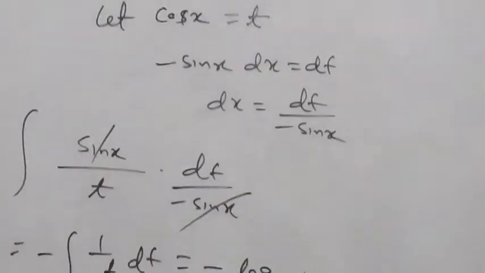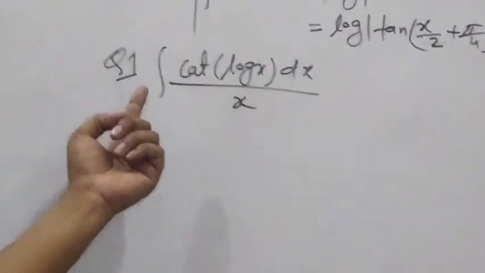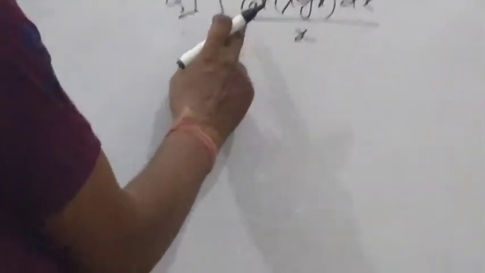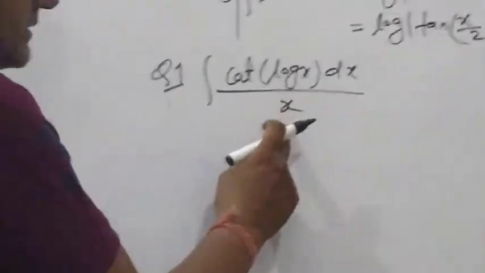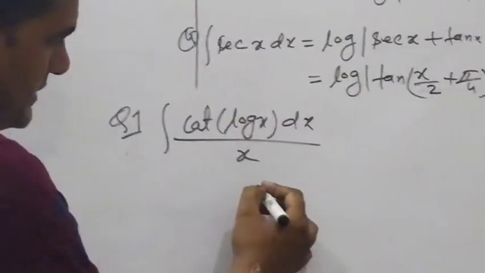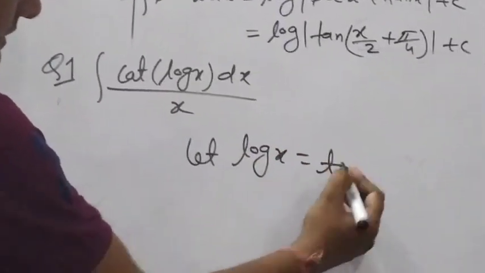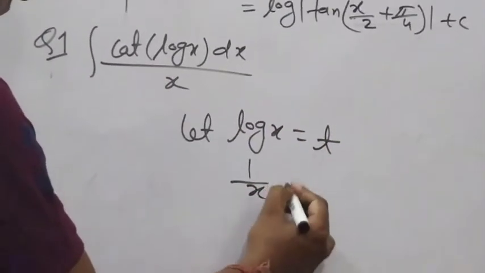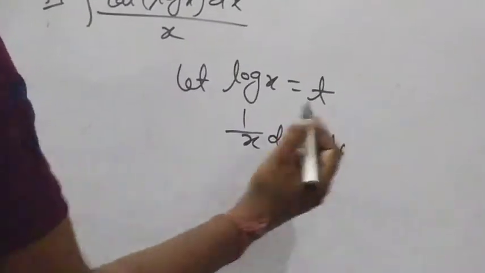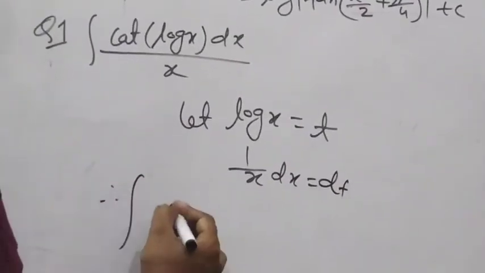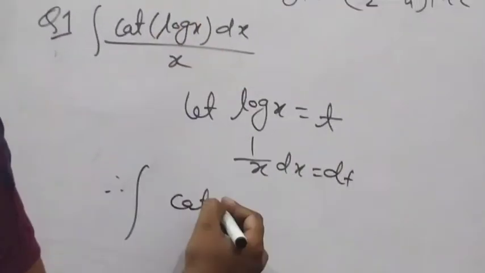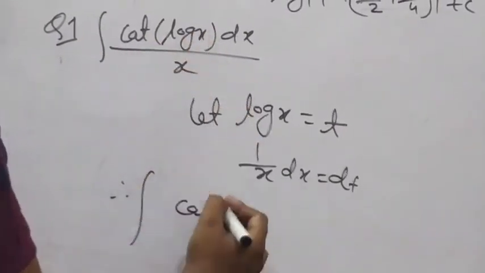Now, question number 1. Integration of cot of log x upon x dx. Then here, let log of x is equal to t, 1 by x dx is equal to dt. So, cot of what?